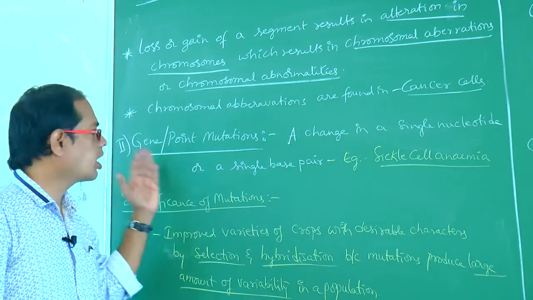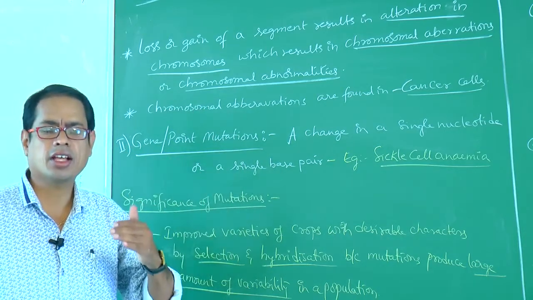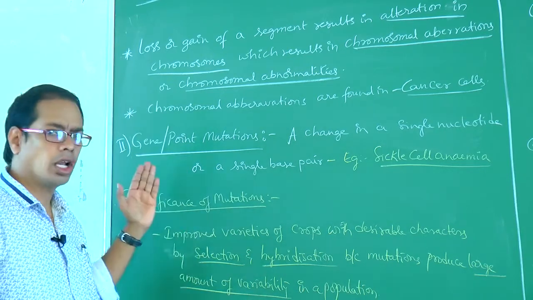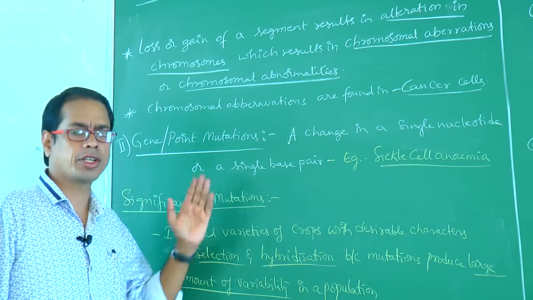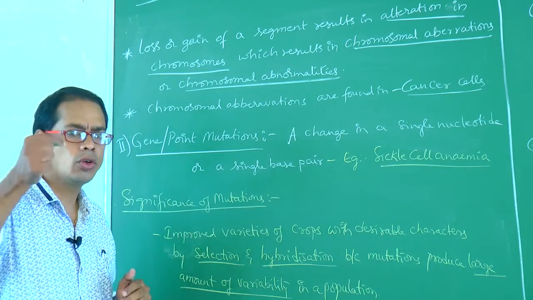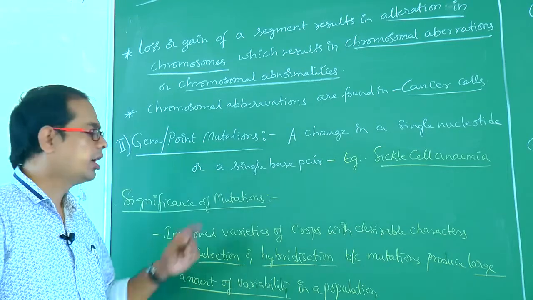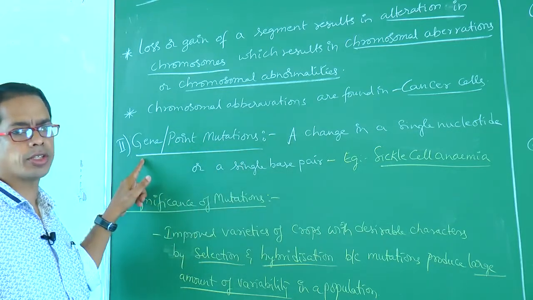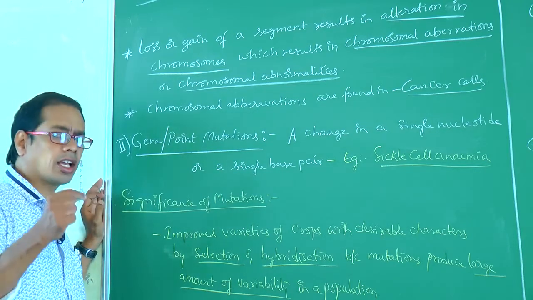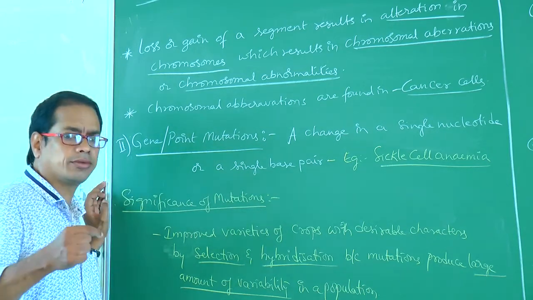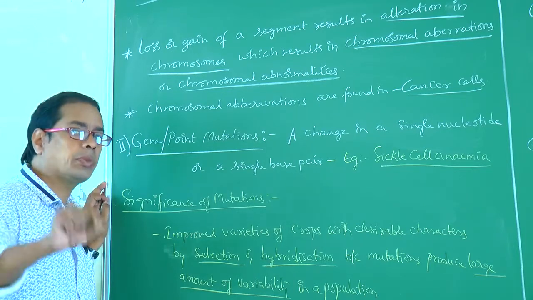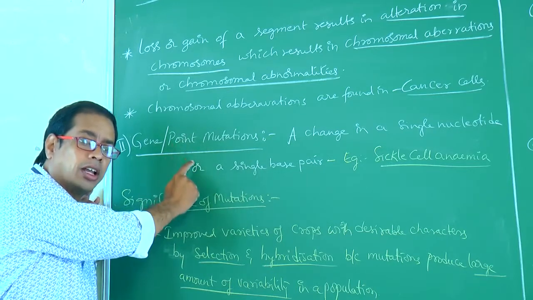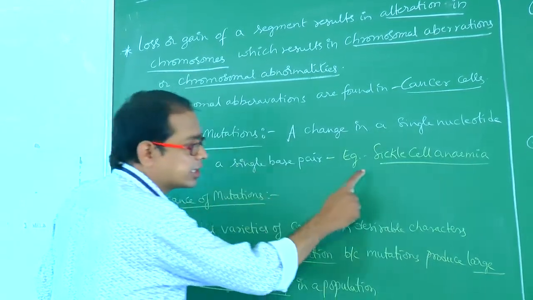Next one, gene or point mutations. If a change occurs in a single nucleotide or single base pair, it is called gene or point mutations, also called gene mutations. The best example for gene or point mutations is sickle cell anemia.